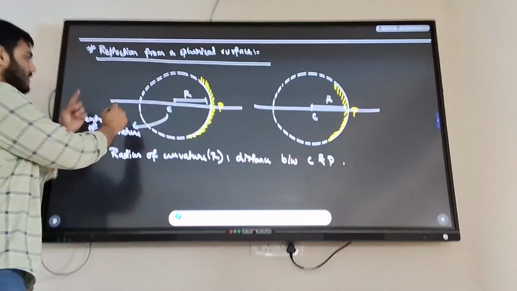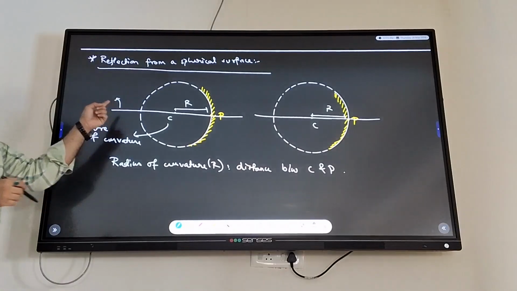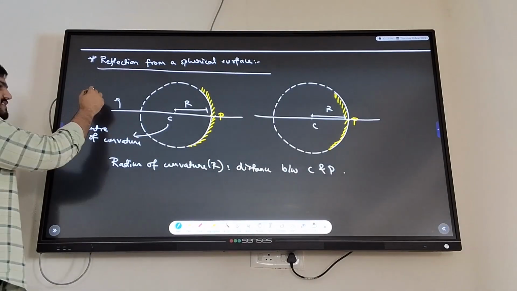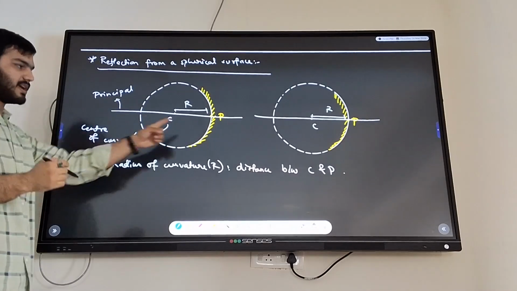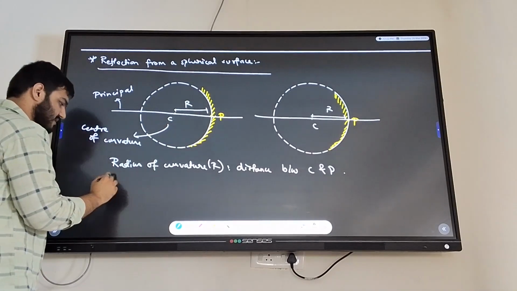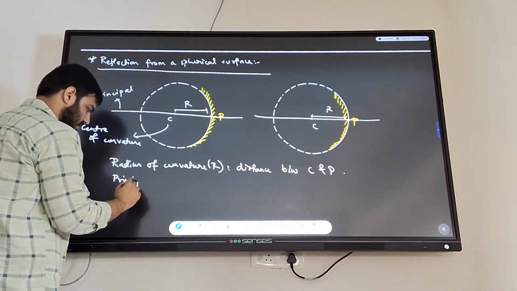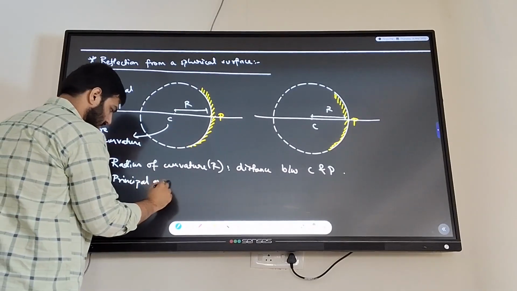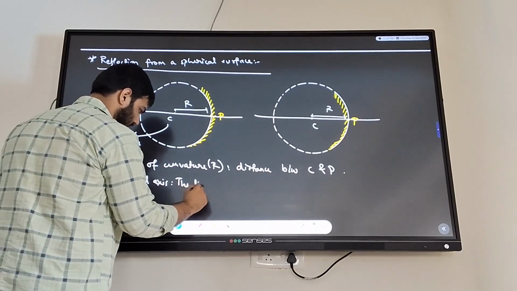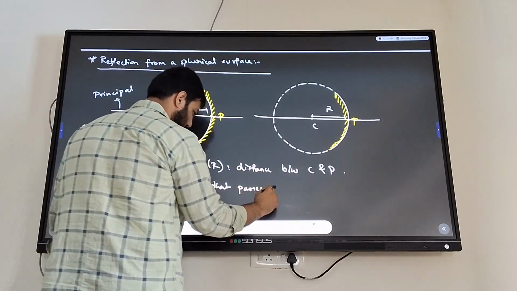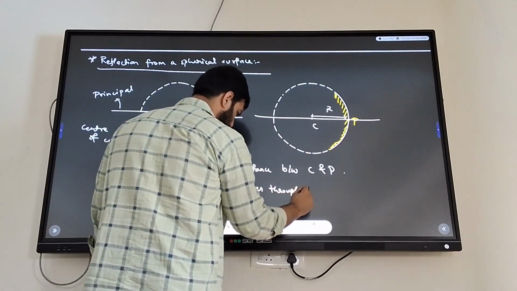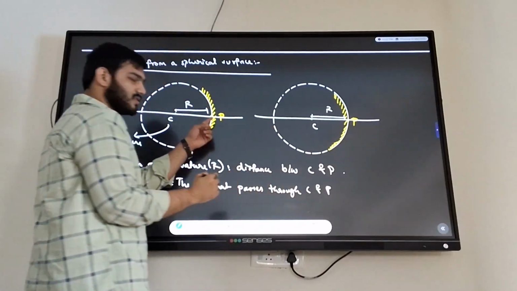What is this line called? Principal axis. The line that passes through C and P is called the principal axis. What is this P called?